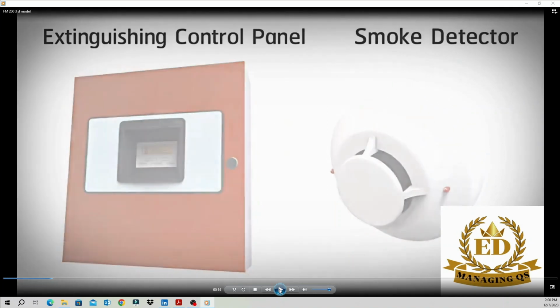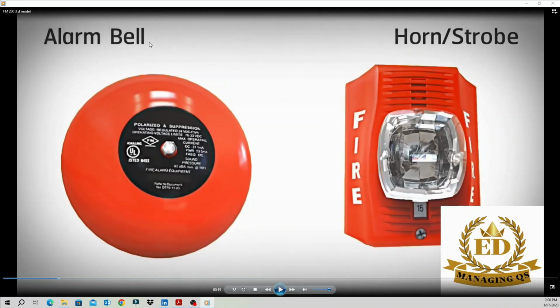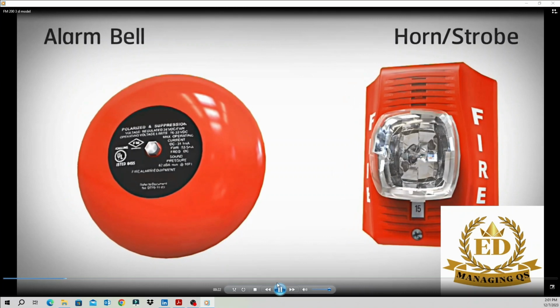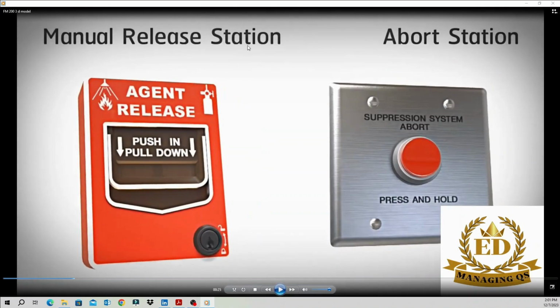I will explain later. Another one is alarm bells. The next one is horn or strobe. There are two names for this item. Fire alarm is also included in the FM200 system. Then another item is the manual release station. I will explain the real function of these elements later. So these are the elements involved in the FM200 system.